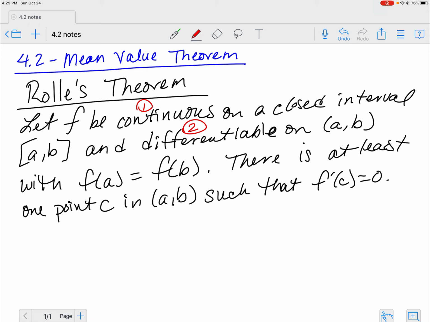And criteria number 3, f of A has to equal f of B. So the value at the beginning of my interval, f of A, has to be equal to the value at the last part of my interval. All right? When those 3 criteria are met, then there is at least one point where my derivative is 0.